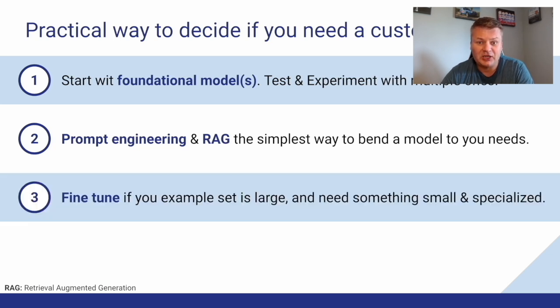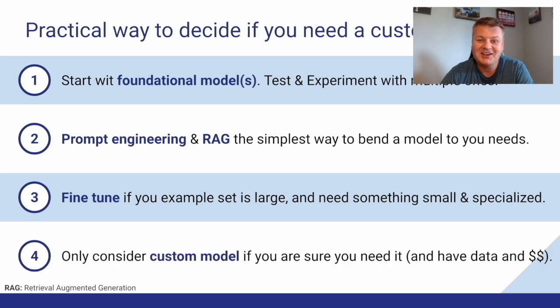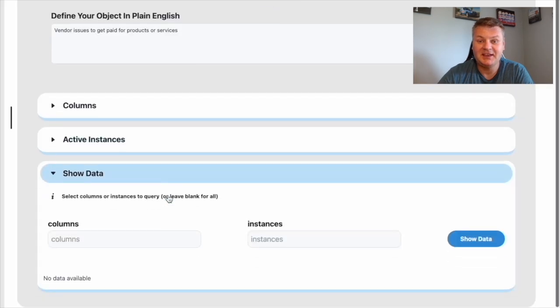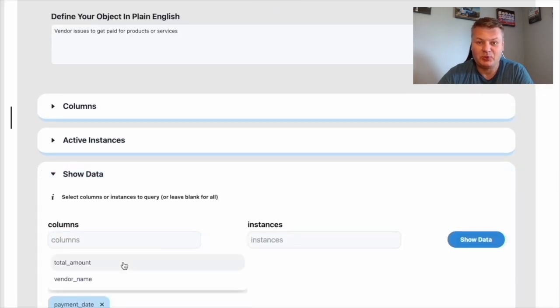If you do have a large dataset and need something specialized and a little bit faster, fine-tuning is for you. And then you should probably only consider fully training a custom model if you have a very large specialized dataset and significant budget.